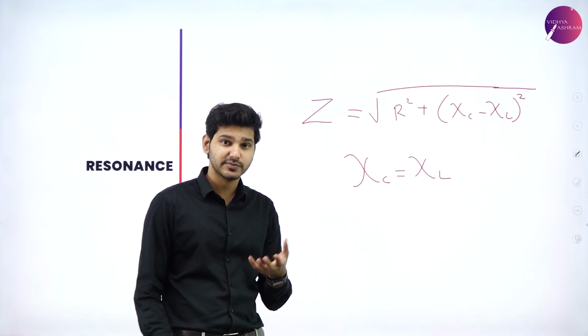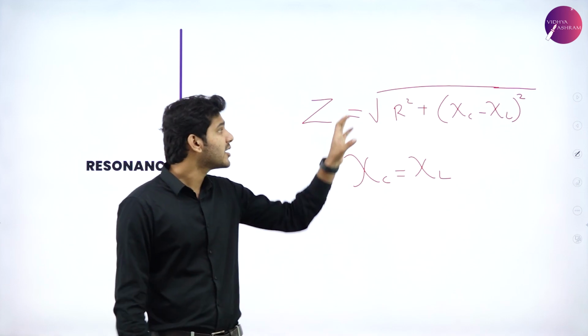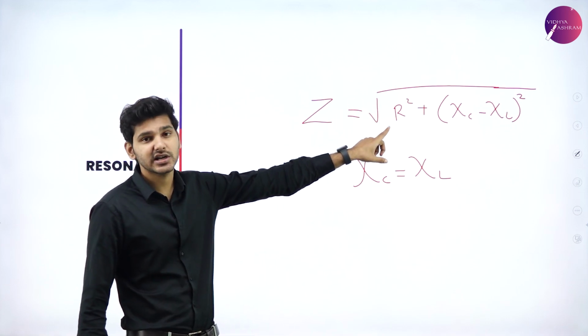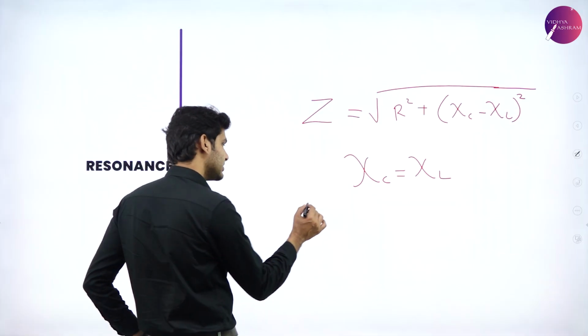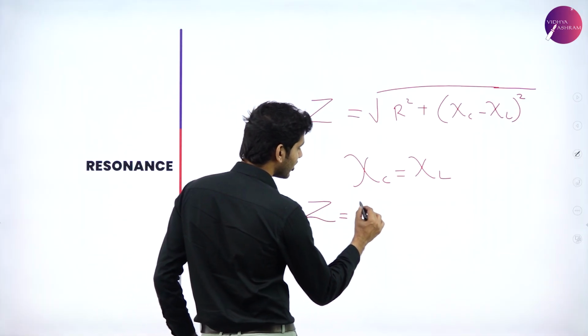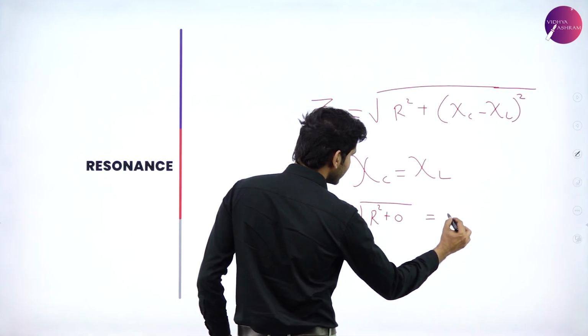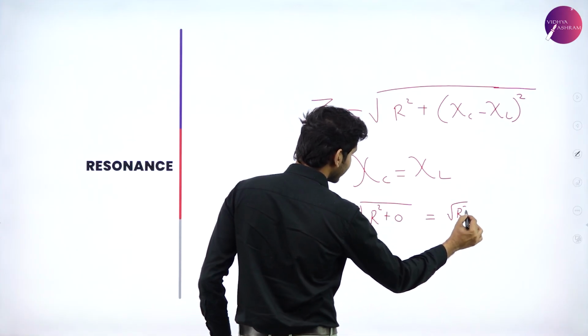I have explained it in detail in class. I hope you all remember that. When this condition is applied, we can see that impedance Z is equal to root of R square plus 0, or simply root of R square.